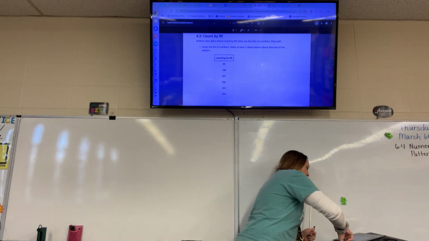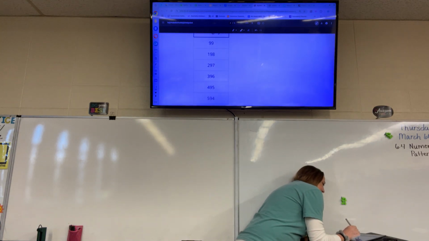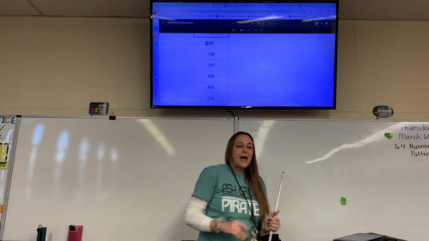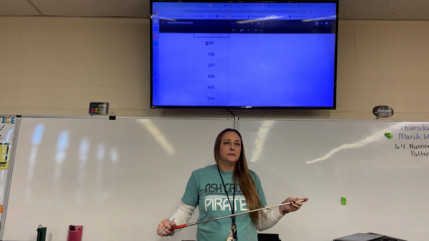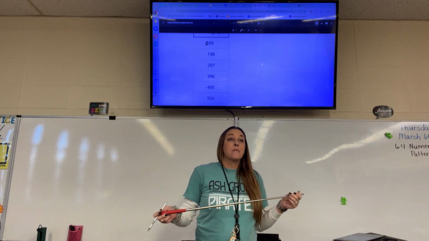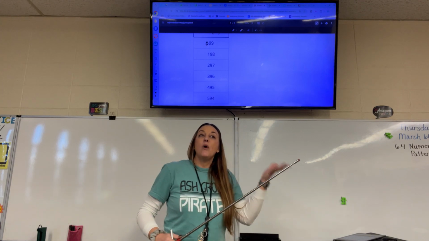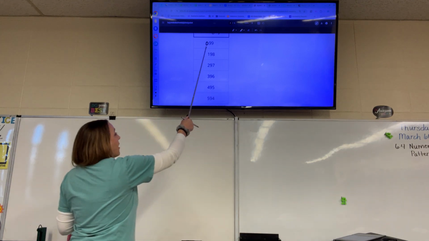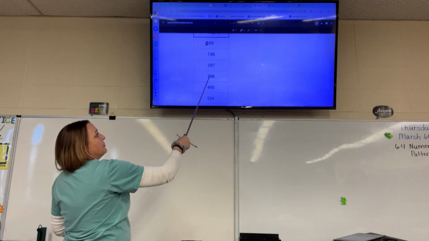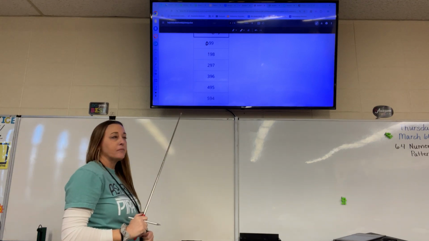So, the first one is 99. If we had a 0 in the front, in the hundreds place, what's happening to the hundreds place? Jackson? It's getting bigger every time. By how much? 100. Yeah, or by 1 if you just are looking at the digit. So if we're just looking at the digit, it's 0, 1, 2, 3, 4, 5, right?